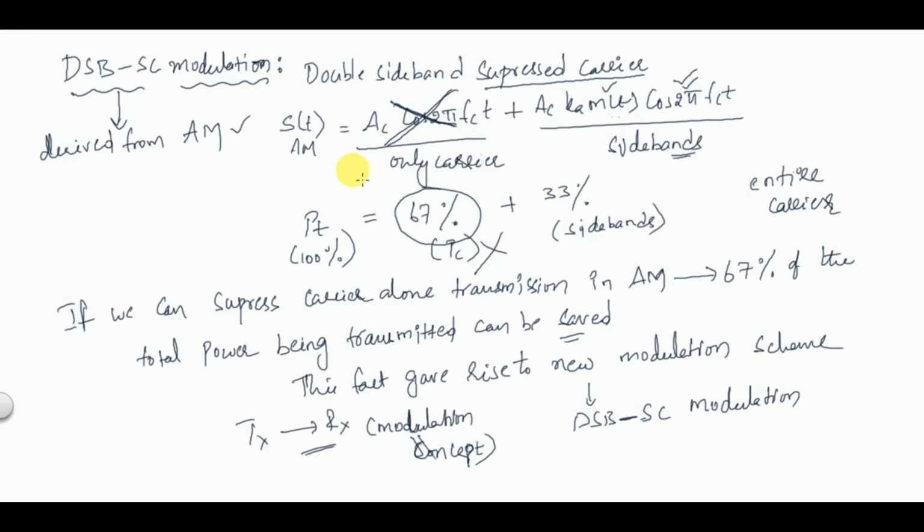So if the carrier alone transmission is suppressed, we can save the 67% of the total power being wasted in the case of AM. So this fact gave rise to a new modulation scheme, which is again derived from AM, called double sideband suppressed carrier modulation.